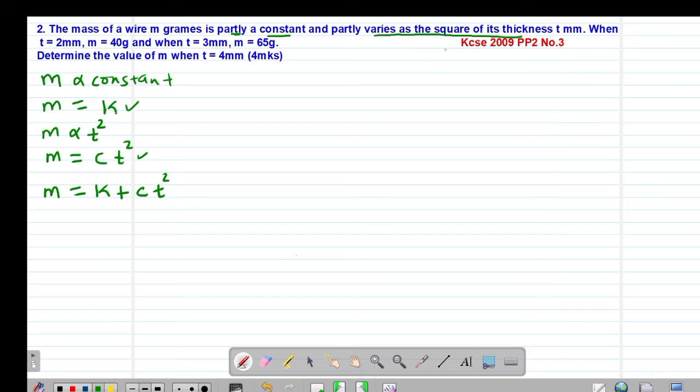Now we are told that when T is 2 millimeters, M is 40. Therefore I'm going to substitute.